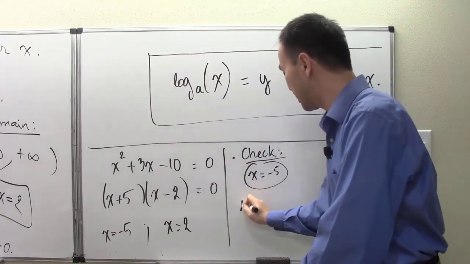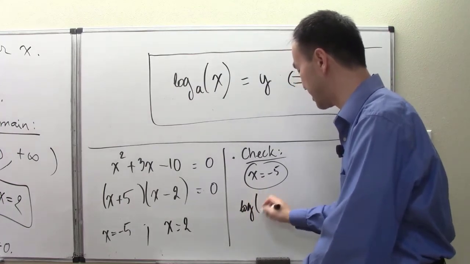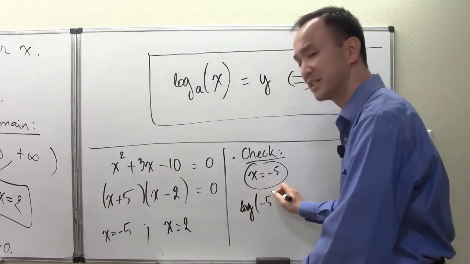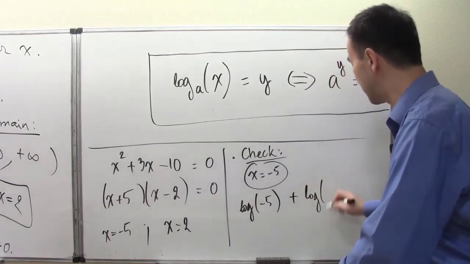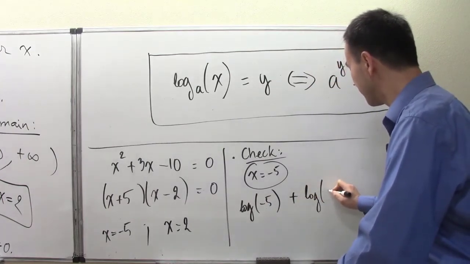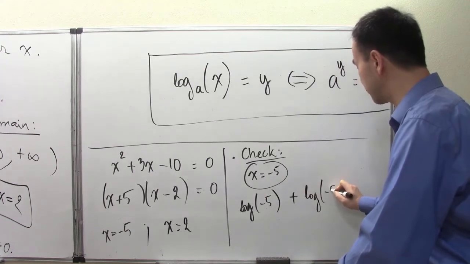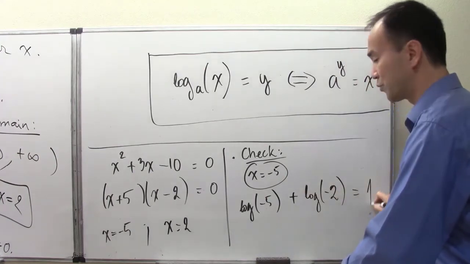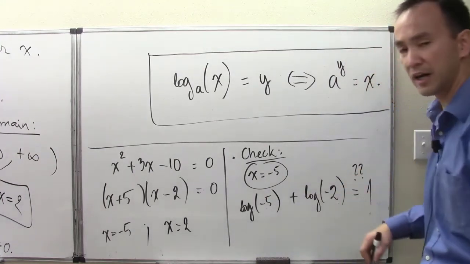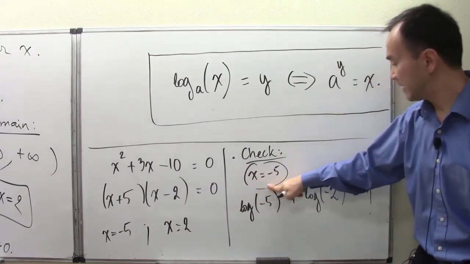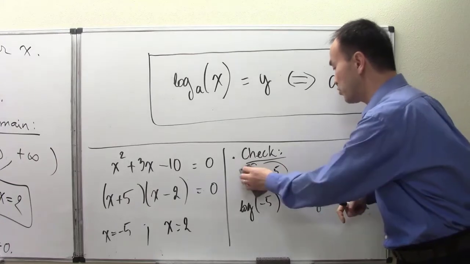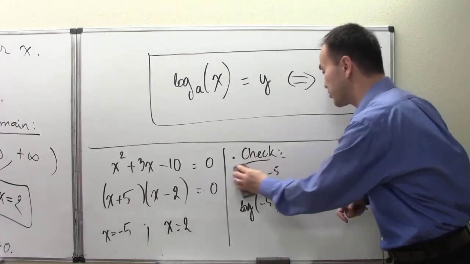The left-hand side is log base 10 of -5 plus log base 10 of -5 plus 3, which is -2, equals 1. Can this satisfy the equality after we substitute this tentative solution into our original equation?